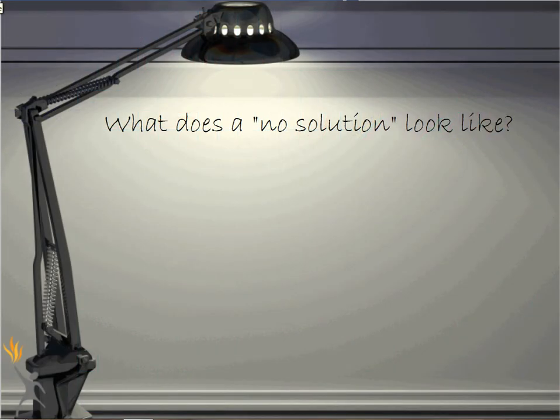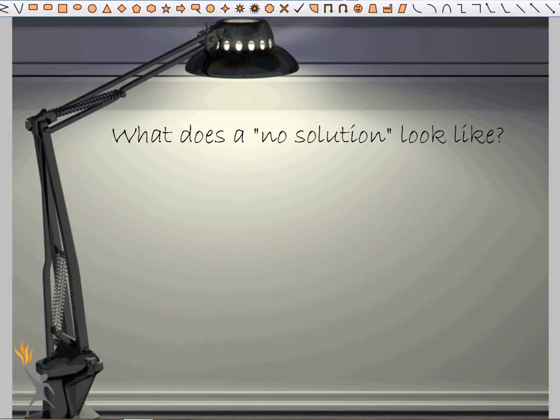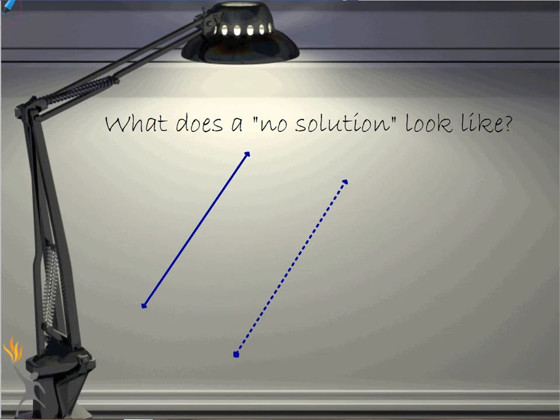There is a possibility of having no solution to a system of inequalities. So let's say that I had a line here and I had another line, let's say over here. If the lines are parallel, this is what could possibly happen.